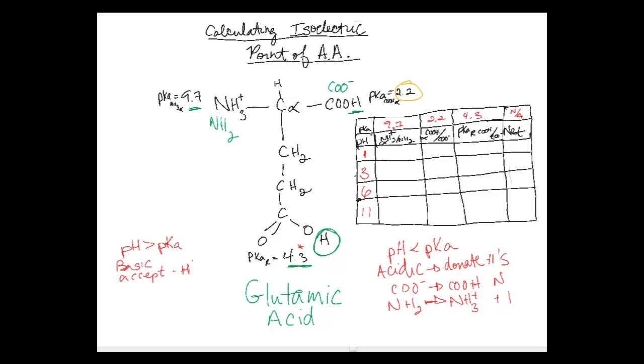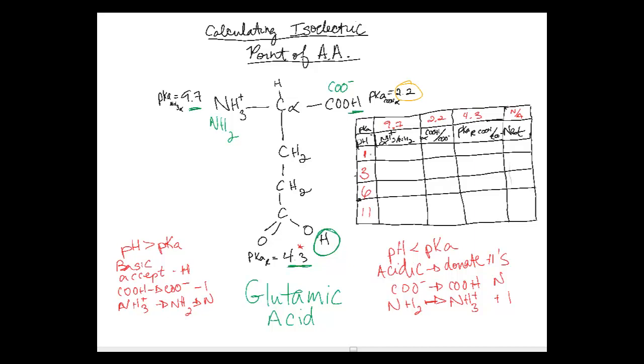And we're going to have the COOHs then become charged in basic environments with a net charge of -1, and an NH3+ goes to a neutral NH2. Okay? So with that in mind, we're going to plug in some numbers.